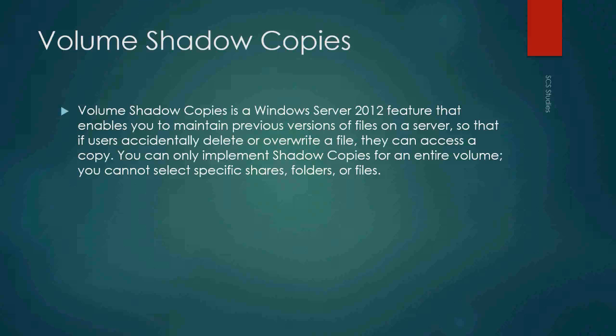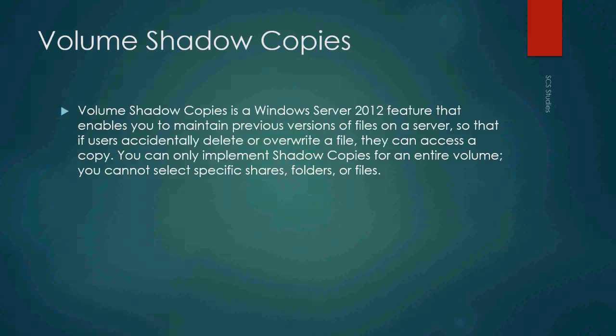Volume shadow copy. Volume shadow copy is a Windows 2012 feature that enables you to maintain previous versions of the files on a server, so that if a user accidentally deletes or overwrites a file, they can access a copy.